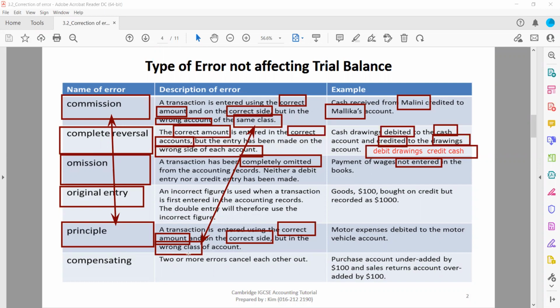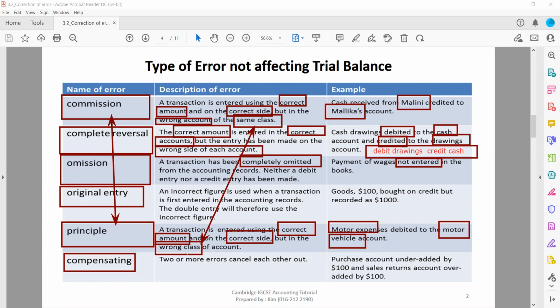Wrong class means that expenses become non-current asset, or non-current asset becomes expenses, or expenses become cost of sales, or any other section on the same debit or credit side. For example, motor expenses debited to the motor vehicle. Motor vehicle is a non-current asset. Motor expenses is an expense account. So this is a wrong class.